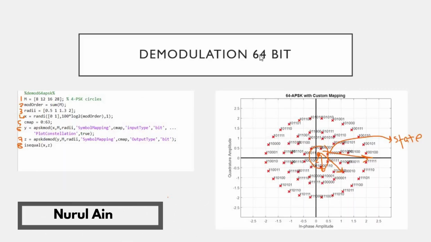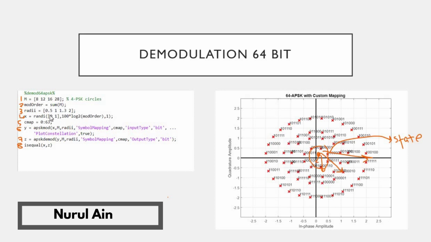Demodulation 64-bit. The first line explains the number of x marks in each state, where the first state is 8 x marks, second state is 12 x marks, followed by the next state. The second line explains that m can be obtained by adding all the x marks in each state to obtain the 64-bit, and the modulation order can be obtained. The third line explains the radius for each state's distance from the main point, where 0.5 refers to the distance between the innermost state and the main point, and 1 refers to the second state, followed by the next state.